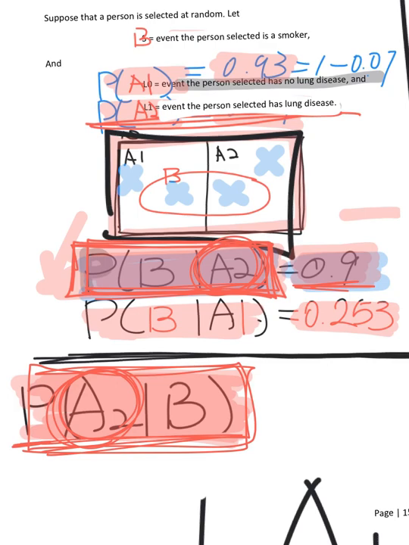At the casino, at the bar, when I ask them, excuse me, sir, do you have a lung disease? Oh my God, don't do that. It is not easy. It is not easy to get the second probability. I mean this one. But don't worry about that. We have Bayes rule. What did I say?